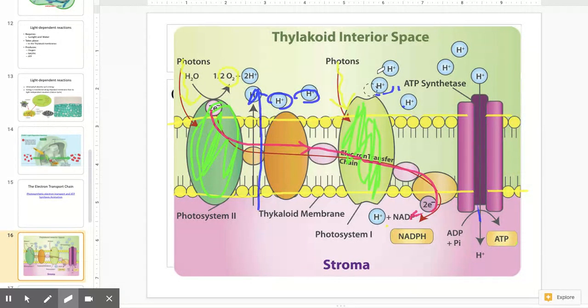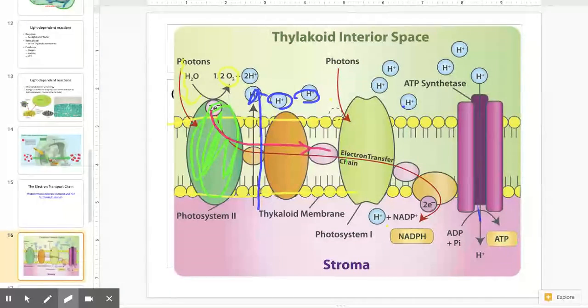So the light dependent reactions depend on photons of light. The light independent reactions do not depend on light. However, they can occur if it's light out. That's fine. That's not a problem. But they can occur without the presence of light.